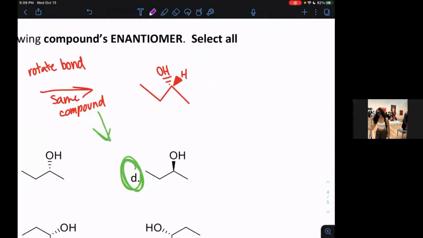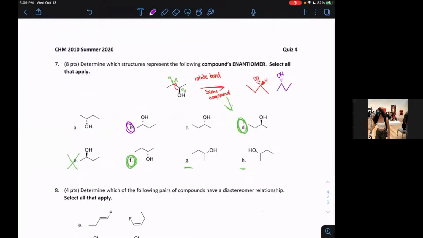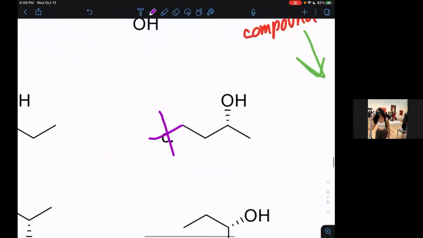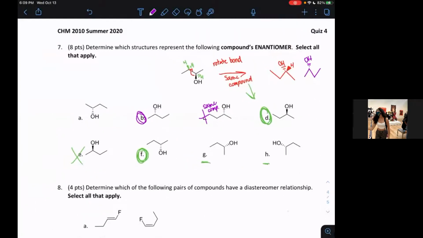Oh God, I hate doing them. Yes. I guess exactly what B was, yeah. So that's one mirror image. That's the same compound. Okay. And then this one is not one of them.